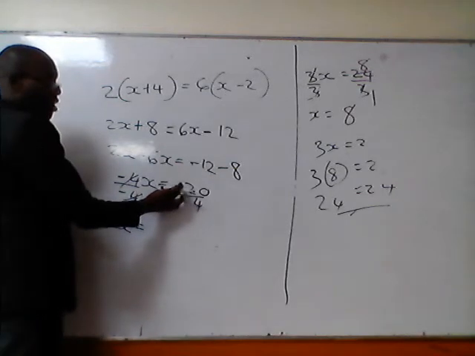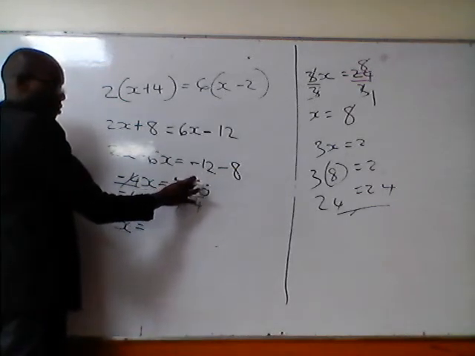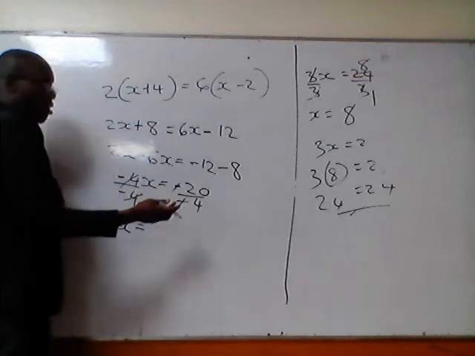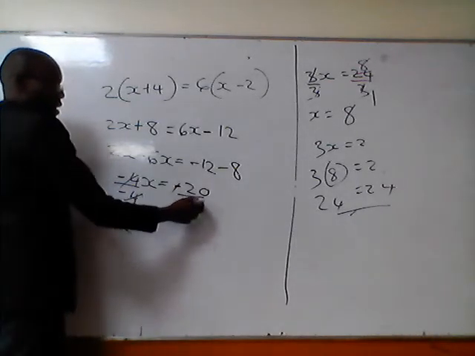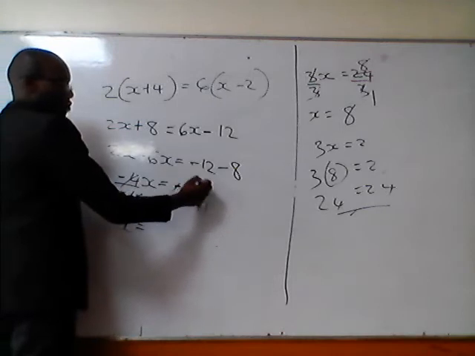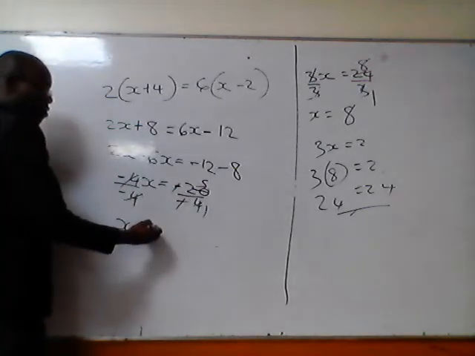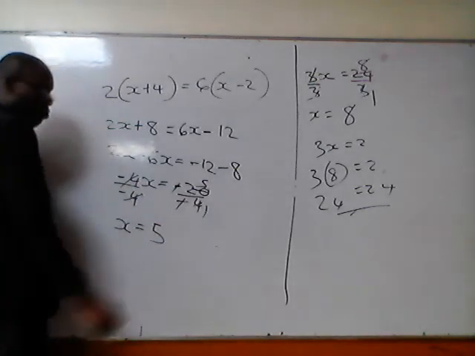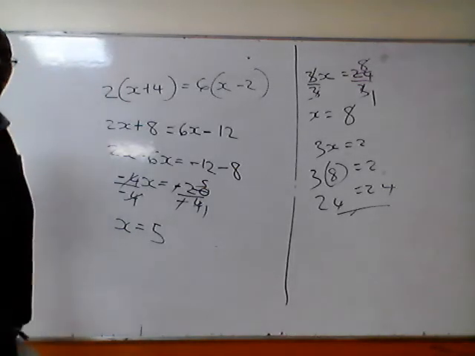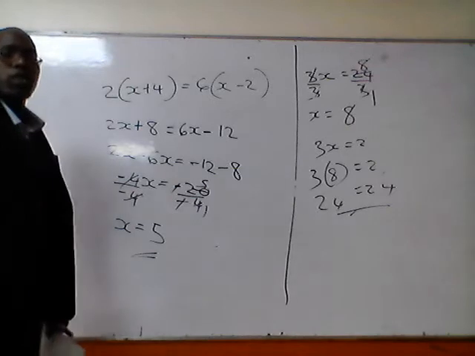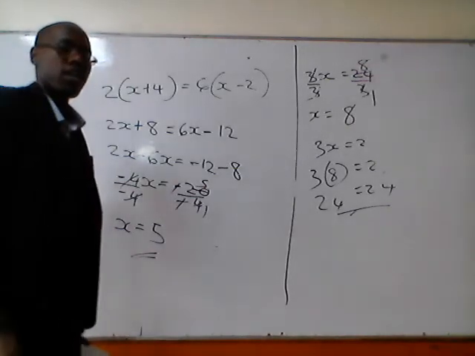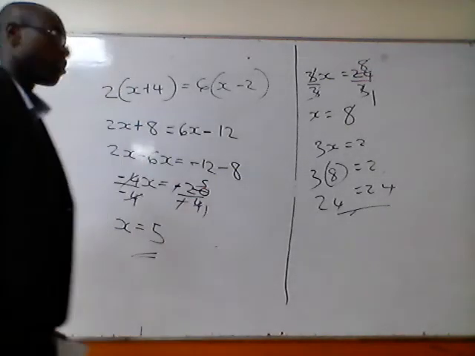At the moment you have a negative on the numerator and the denominator, they are going to cancel out. So x is going to be equal to 20 by 4, which is 5. So x is going to be 5. That way. So that's how you solve that kind of particular linear equation.